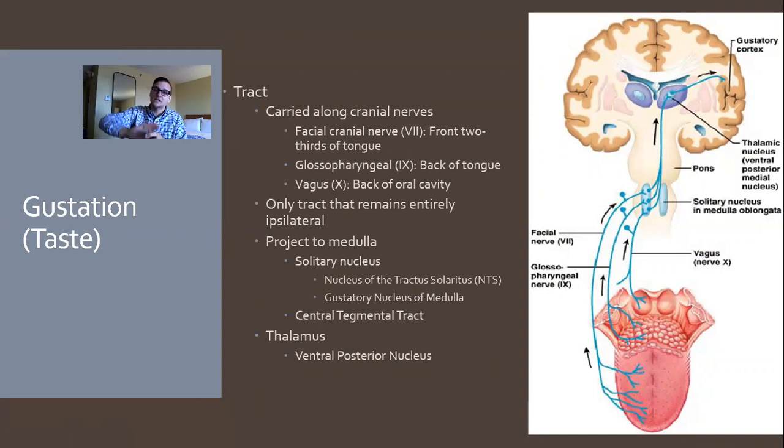From there, it gets routed up the central tegmental tract. Remember what the tegmentum is. You know what a tract is, right? So it gets routed up the central tegmental tract up to the thalamus, specifically the ventral posterior nucleus of the thalamus.